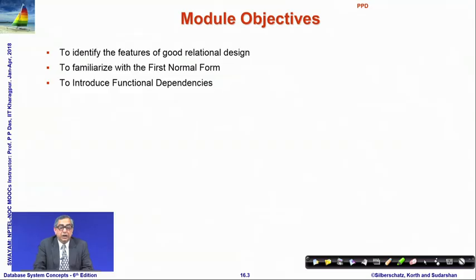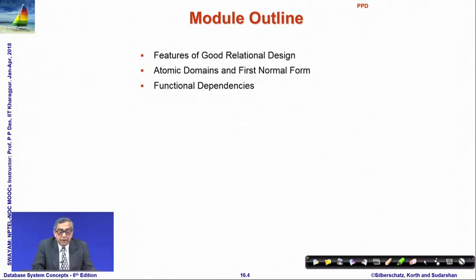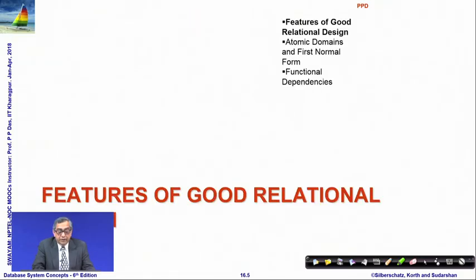But the question is, is it a good design? So, we will discuss what the features of a good design are, and then we will introduce the formal definition of first normal form, and we will introduce a very critical concept of relational database design, the functional dependencies. This is the module outline.